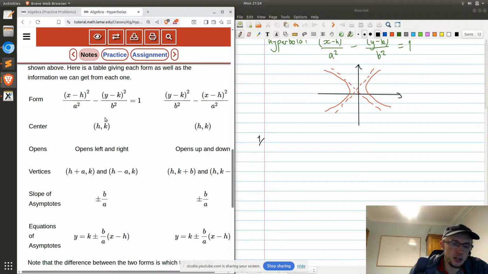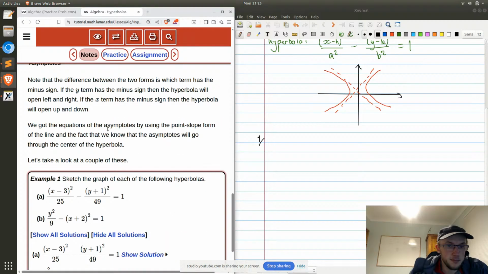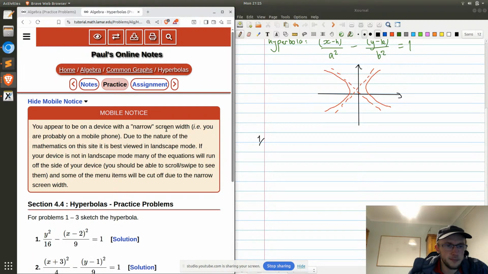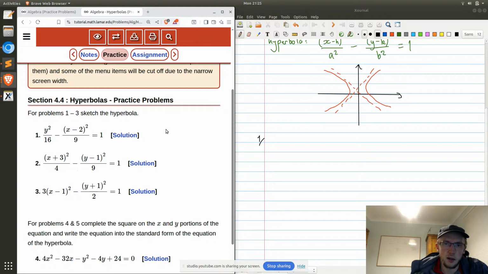Slope of the asymptotes plus or minus b over a. Must remember. Right. Let's try now.